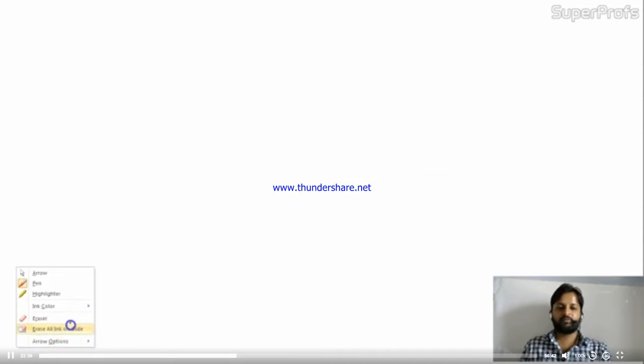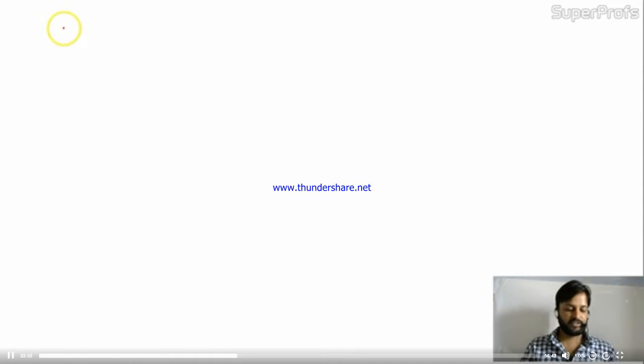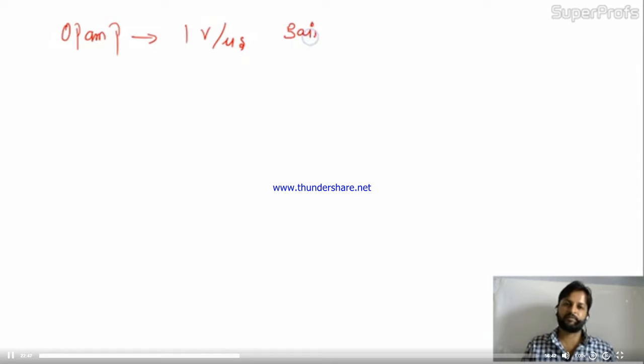Now I'll take one problem. The question is, the op-amp has a slew rate of 1 volt per microsecond with a gain of 40 dB. The gain is also given, that is 40 dB. Okay.